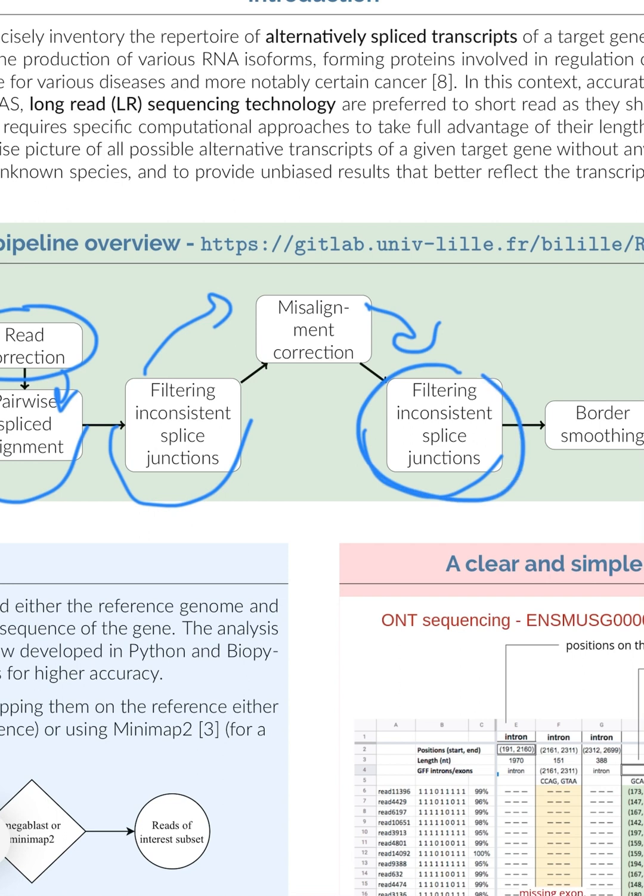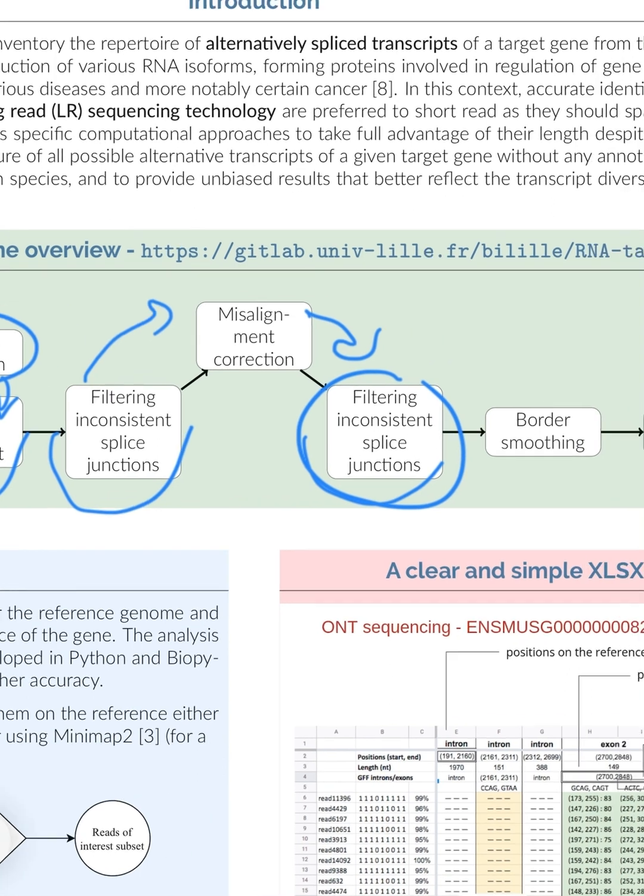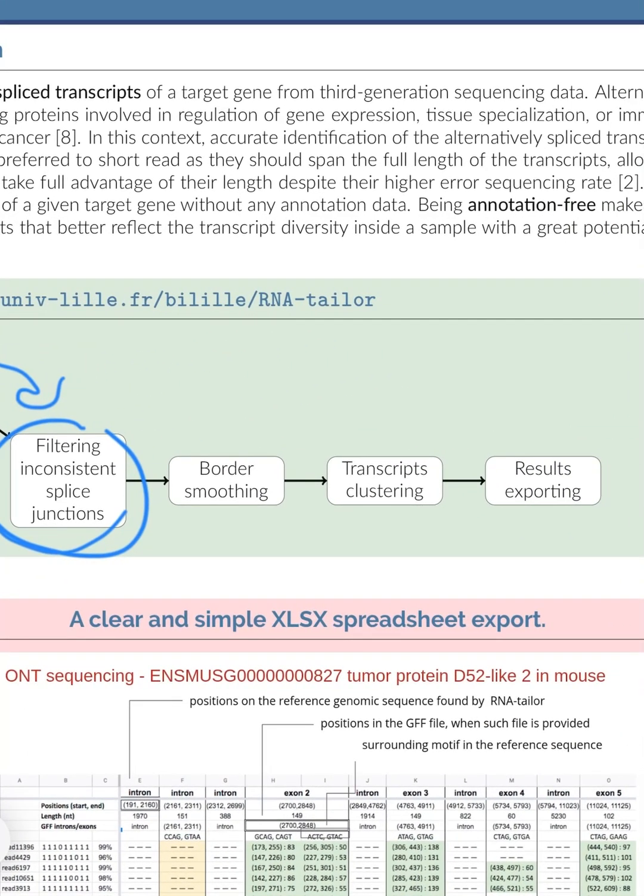So now we work on reads with a consistent splice structure, but we still have an issue with the precision in the positioning of the exonic junction on the genomic reference. That can still be affected by sequencing error and alignment bias.